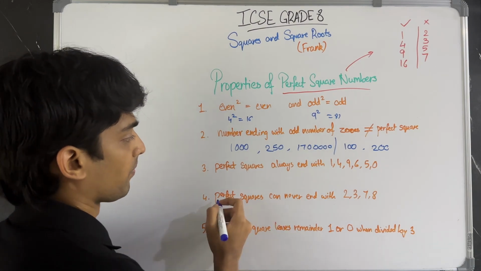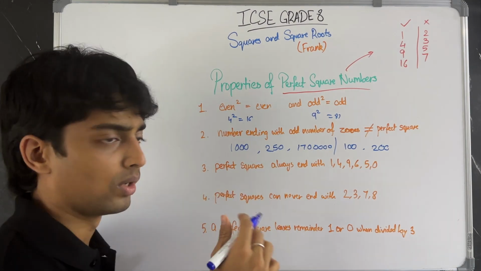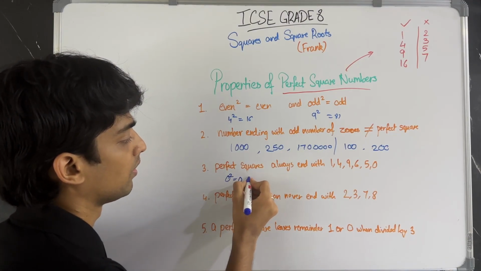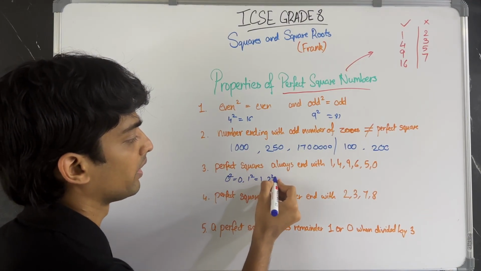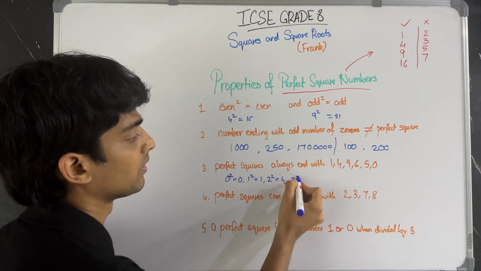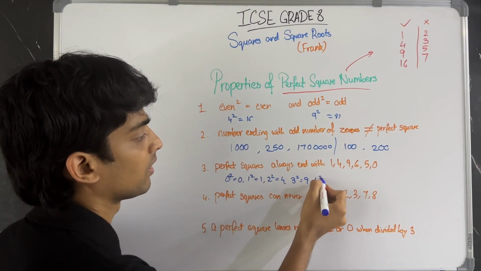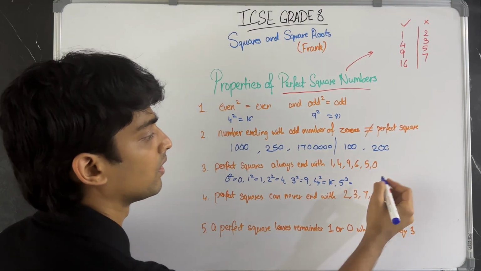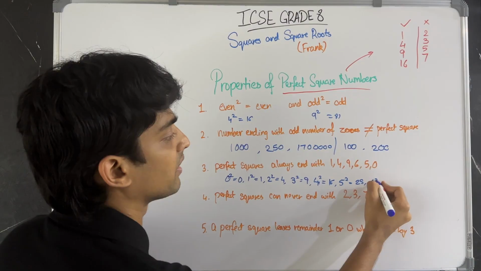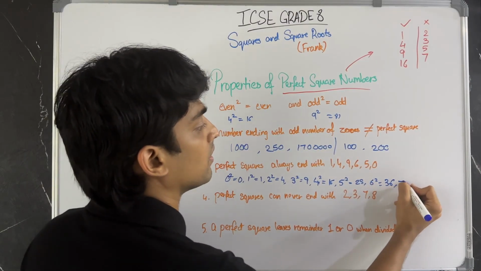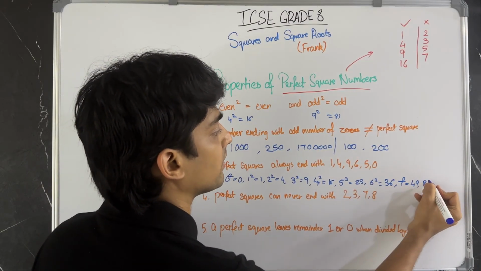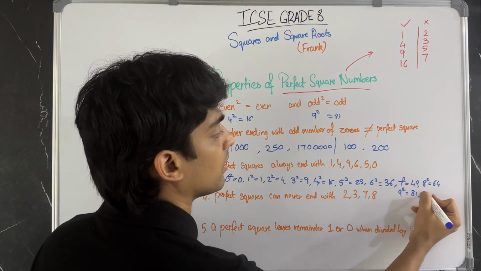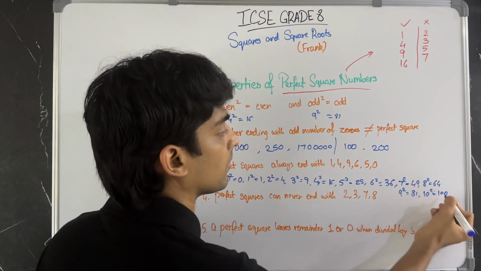So the answer is, okay, let's take digits 0 to 9. 0 square is 0, 1 square is 1, 2 square is 4, 3 square is 9, 4 square 16, 5 square 25, 6 square 36, 7 square 49, 8 square 64, 9 square 81, 10 square 100.